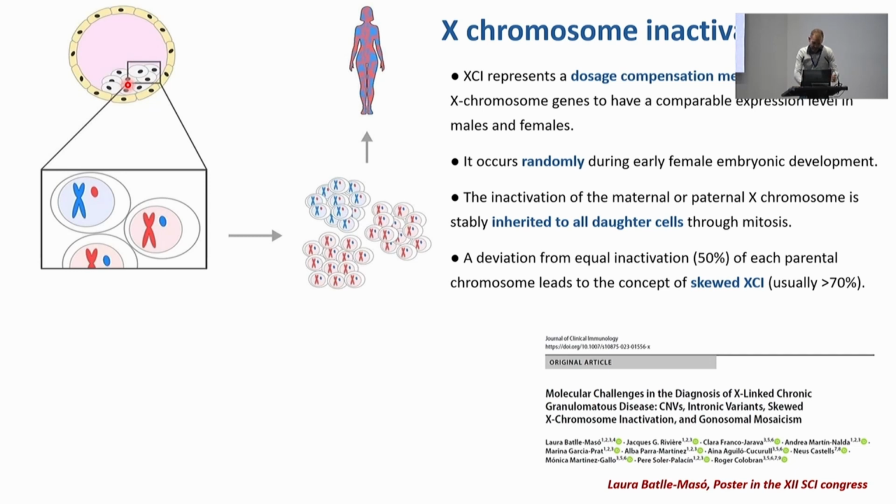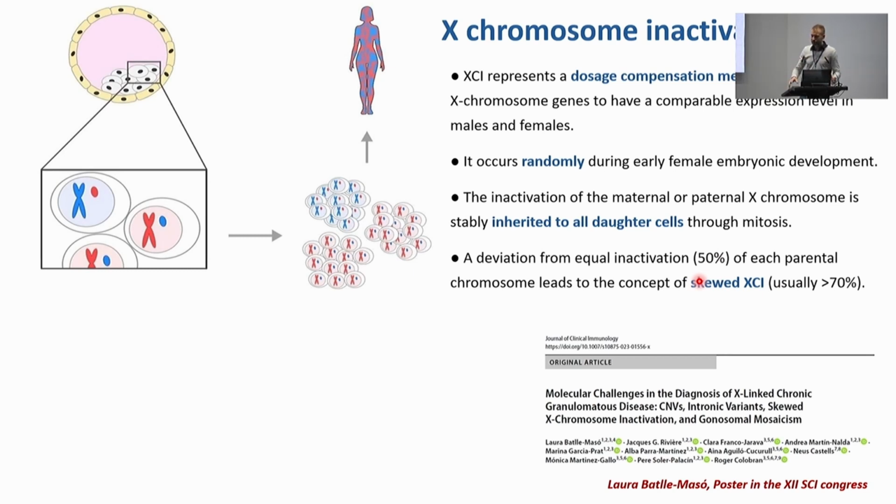So most females are mosaics in which some cells inactivated the paternal X chromosome and some cells inactivated the maternal one. Since this is a random process, sometimes most of the cells inactivate the same X chromosome, and this leads to the concept of Skewed X-Chromosome Inactivation.